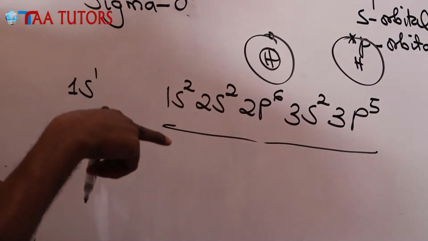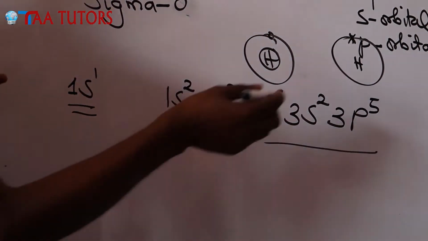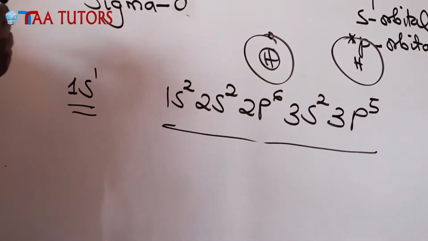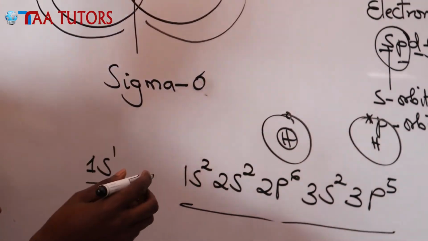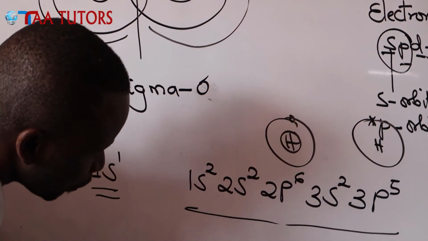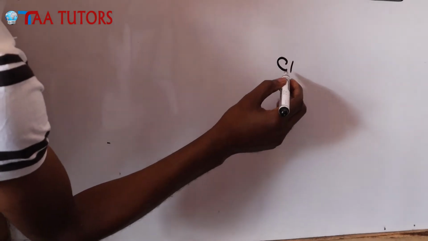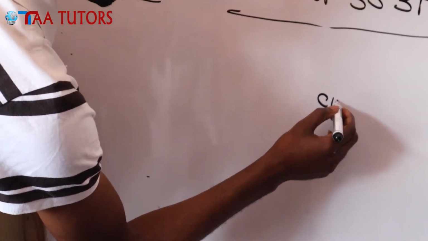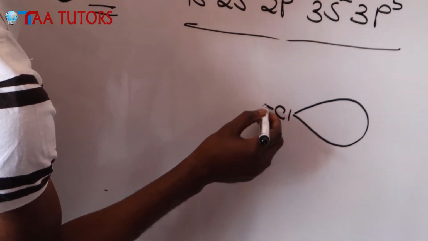So we have something forming between an s orbital of hydrogen and a p orbital of chlorine. We are going to have an end-to-end connection, but now the p orbital is this way. This is an s orbital, simply evenly distributed, but a p orbital of chlorine looks something like this.